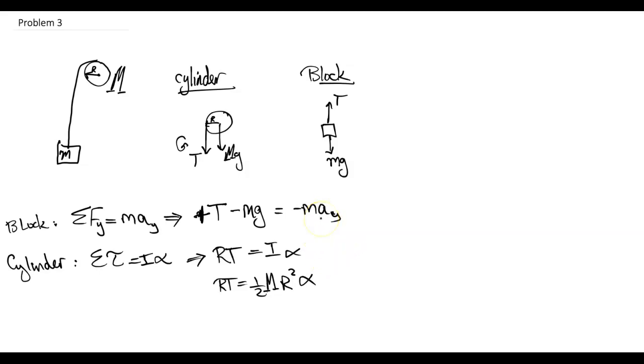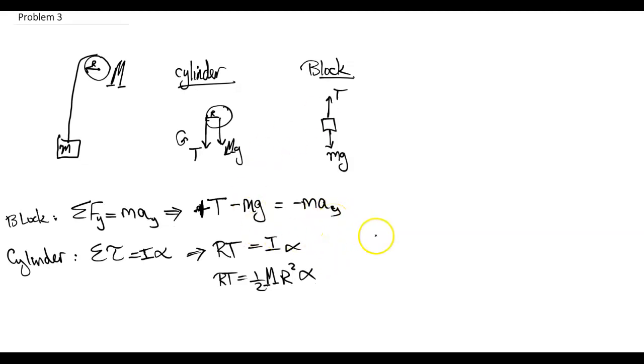And now we can say that from this equation, T equals 1/2 big M R alpha, because the R's will cancel, and R alpha by itself is the tangential acceleration, so that's a y again.